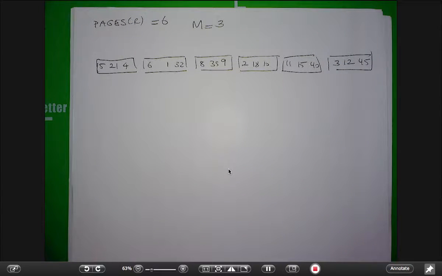Suppose this is the contents of 6 pages.